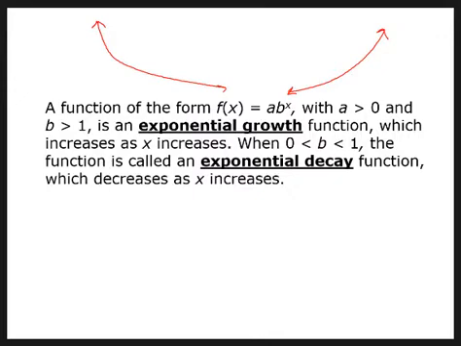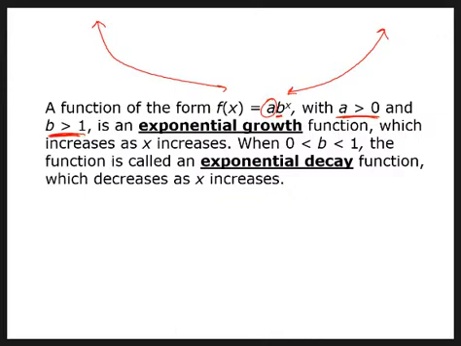Okay, and basically what it comes down to is we said that b, the base of our function, is always going to be a positive number, but a is going to dictate to us whether we have a growth function or a decay function. So if the a is greater than 0 and b is still greater than 1, like we talked about before, you're going to see growth.